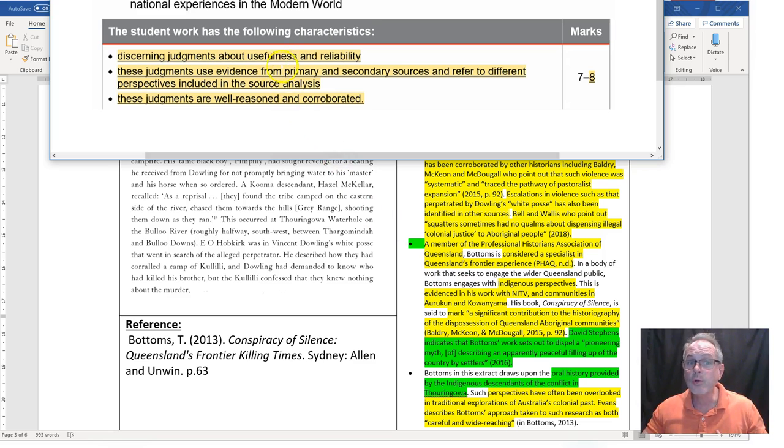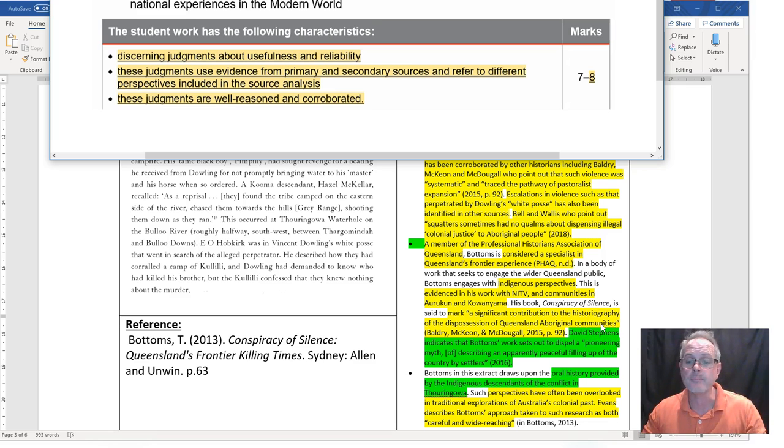How useful, how reliable is it? Well, his book makes a significant contribution to the historiography, the histories that are written about the dispossession of Queensland Aboriginal communities. Okay, so it's useful for those people studying the history of dispossession of Queensland Aboriginal communities.